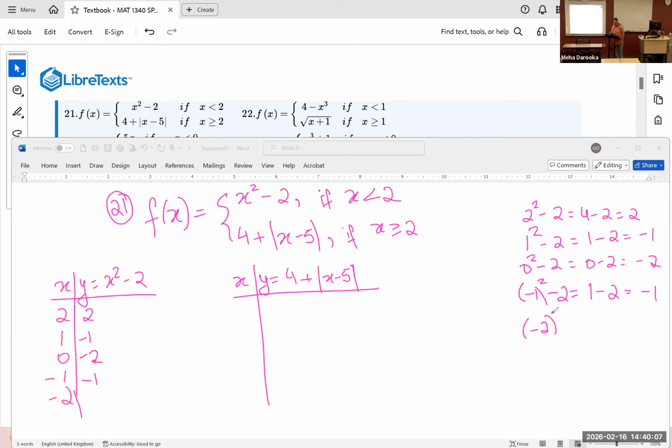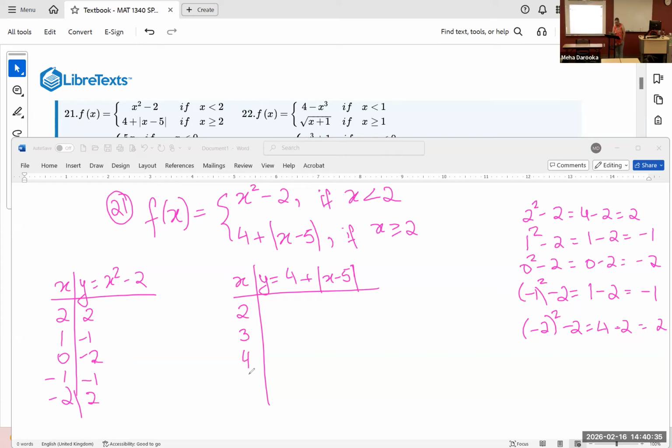Same thing, you do negative 2 squared first, which will become positive 4. 4 minus 2, of course, also gives us 2. And it should not be a surprise to us, because you do have x squared, which is a quadratic, which means we will be looking at least a partial parabola over here. Now, for the second piece, it is actually asking us to start at 2 because it goes from 2 or greater than 2.